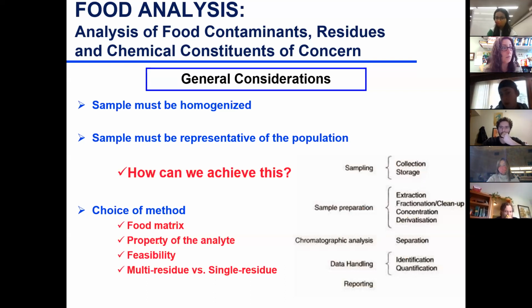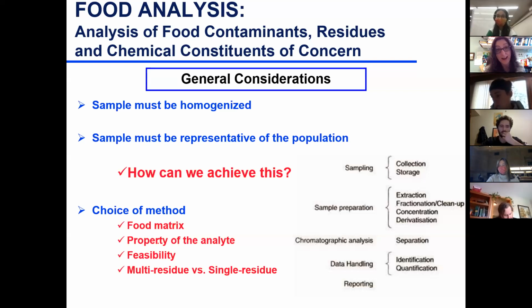What are the interfering components? What do we know about the analyte? Is it polar? Is it non-polar? Is it volatile? Is it thermally stable? What do we know about it? What's the molecular weight? Does it have nitrogen? Does it have sulfur in it? So a little bit about the properties of the analyte.